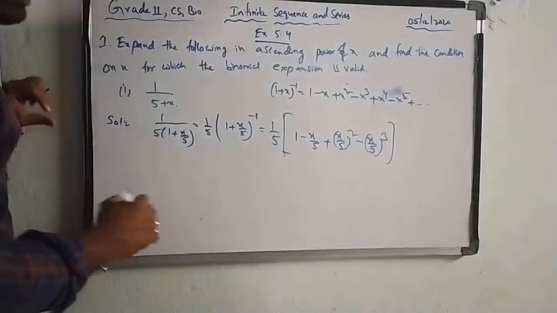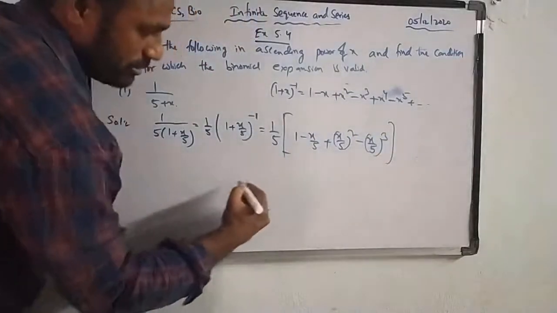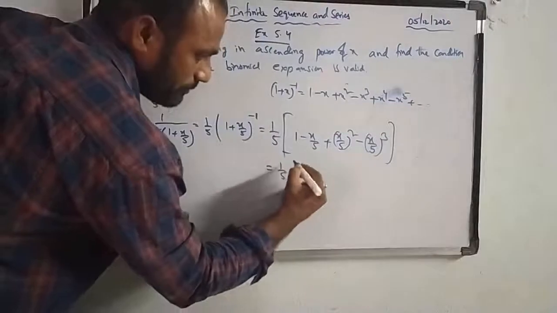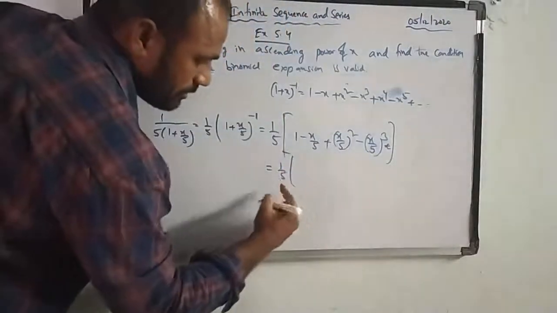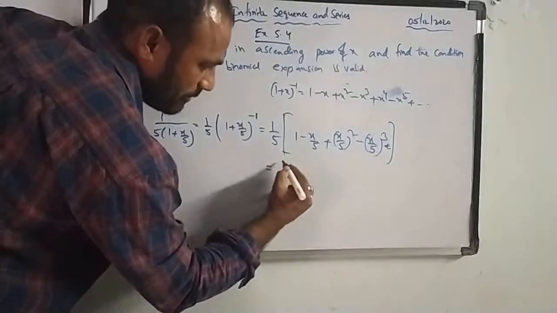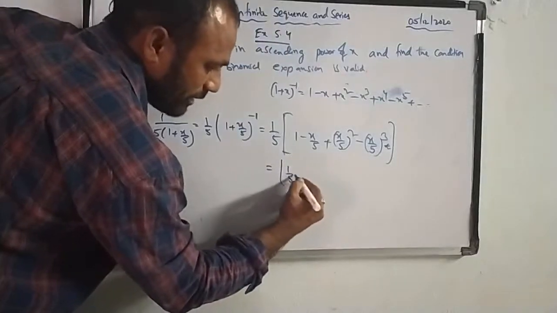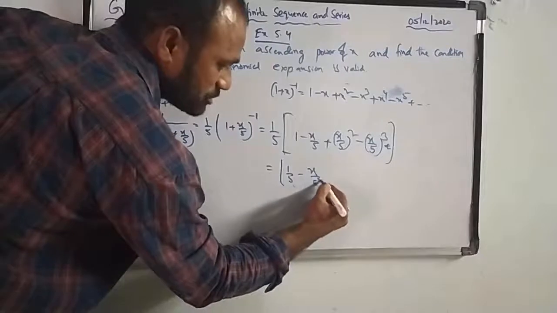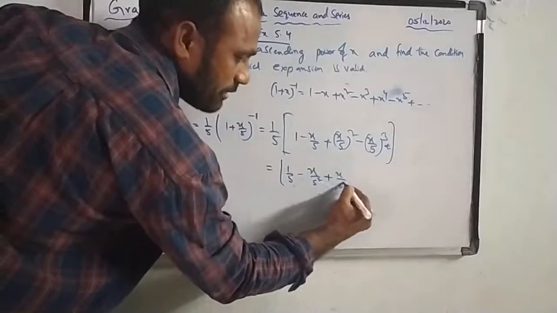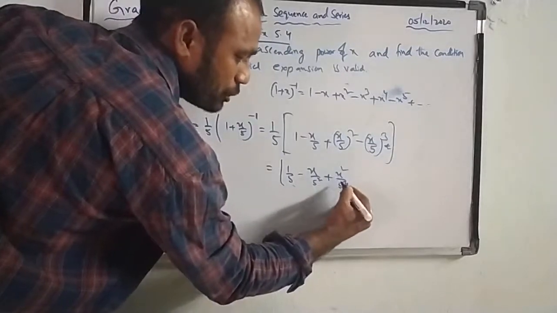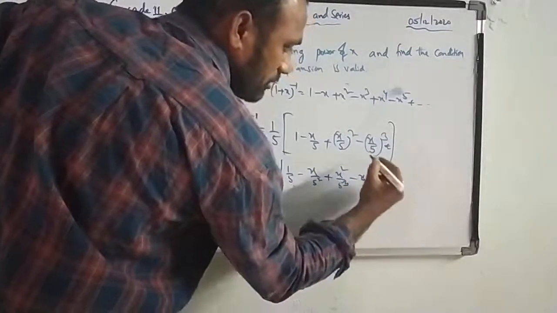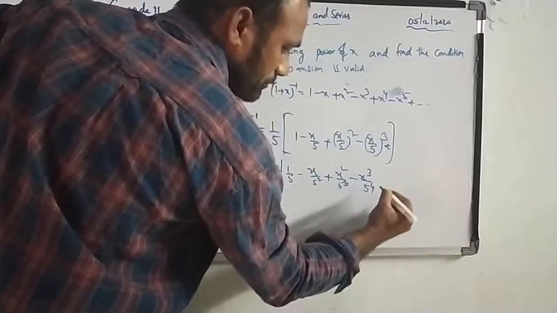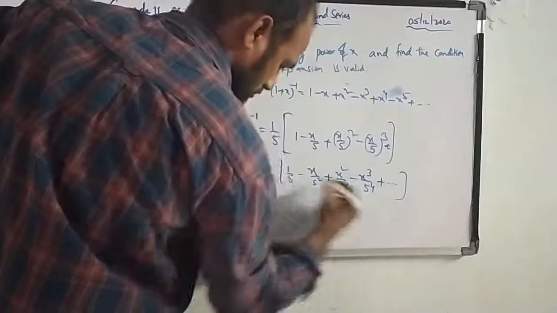So here if you observe, 1 by 5 if I take inside, it will be 1 by 5 minus x by 5 square plus x square by 5 cube minus x cube by 5 power 4 plus so on.